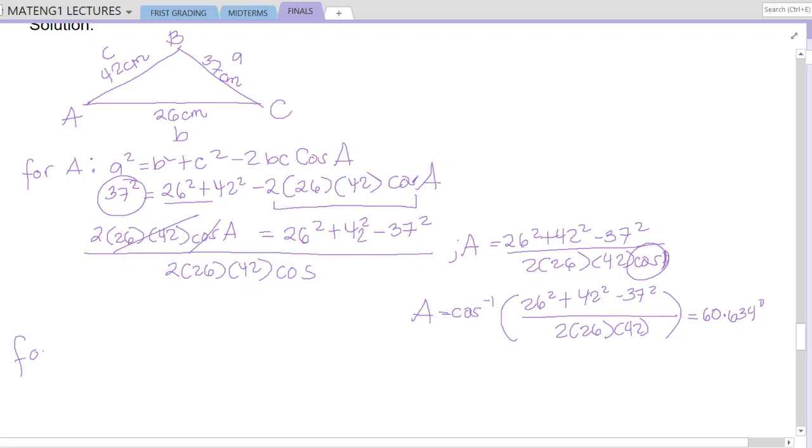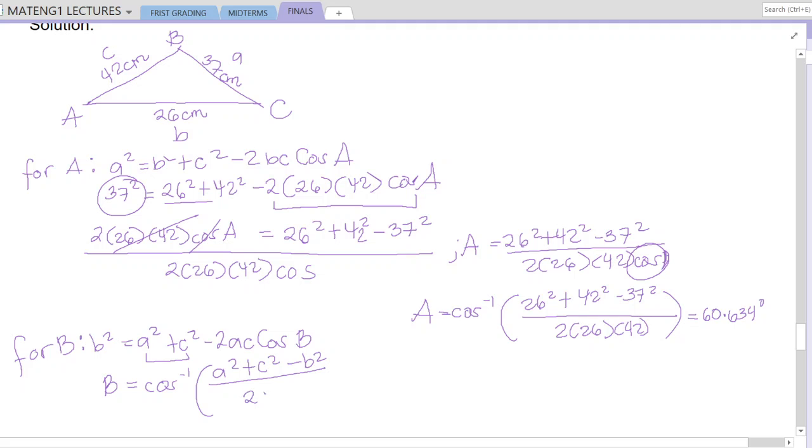The same goes for getting the value of the angle B. For B, we use b squared is equal to a squared plus c squared minus 2ac cosine of the angle B. So we get the value of B, which is equal to cosine raised to negative 1 of a squared plus c squared, and then transposing b squared to the right side, it becomes negative b squared, divided by 2ac.